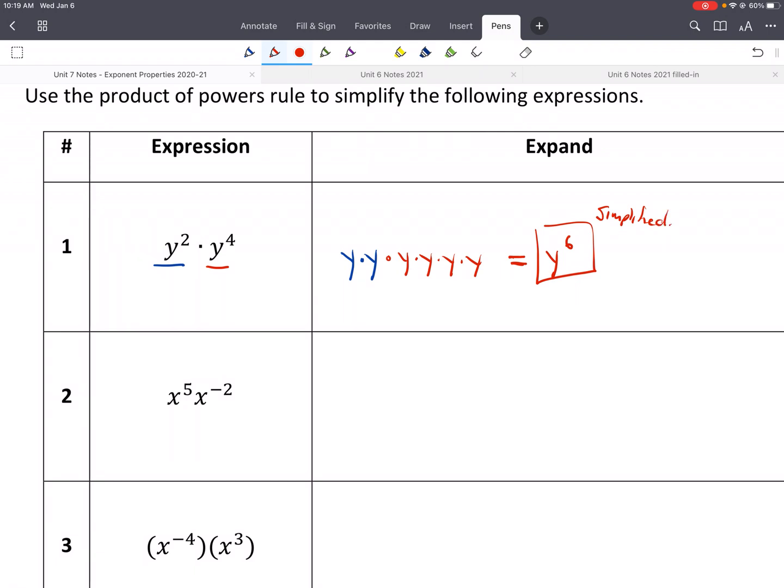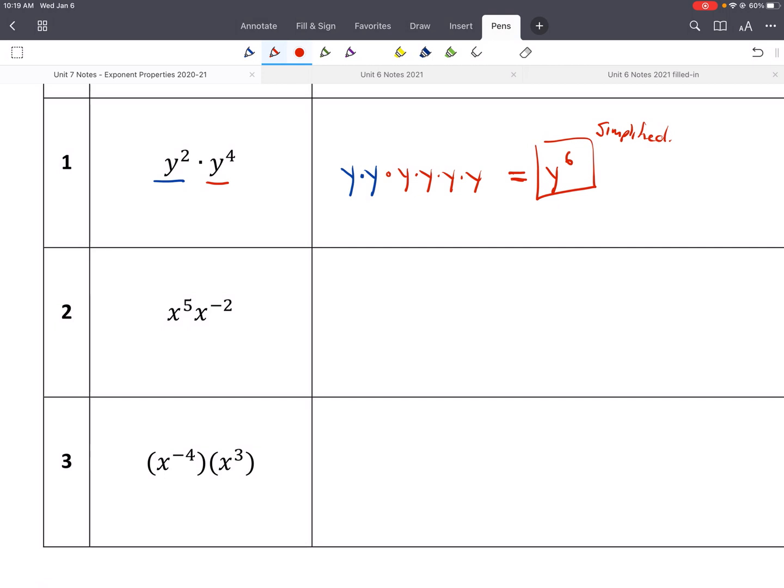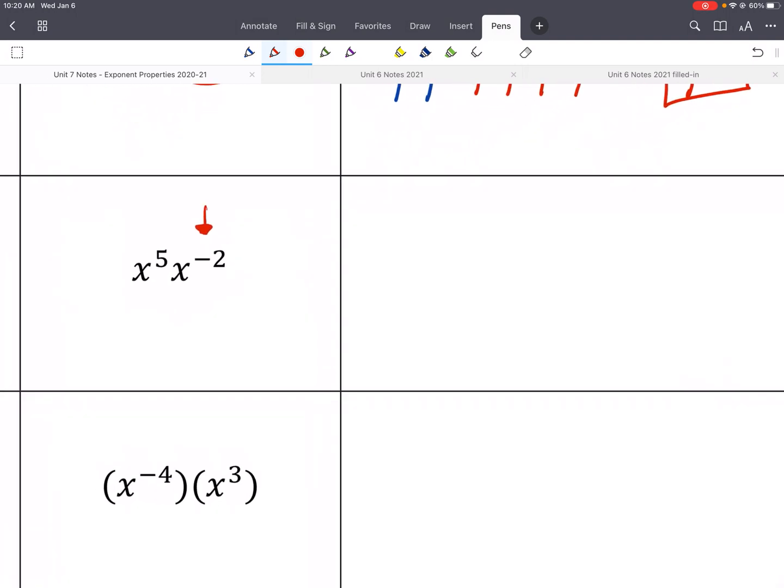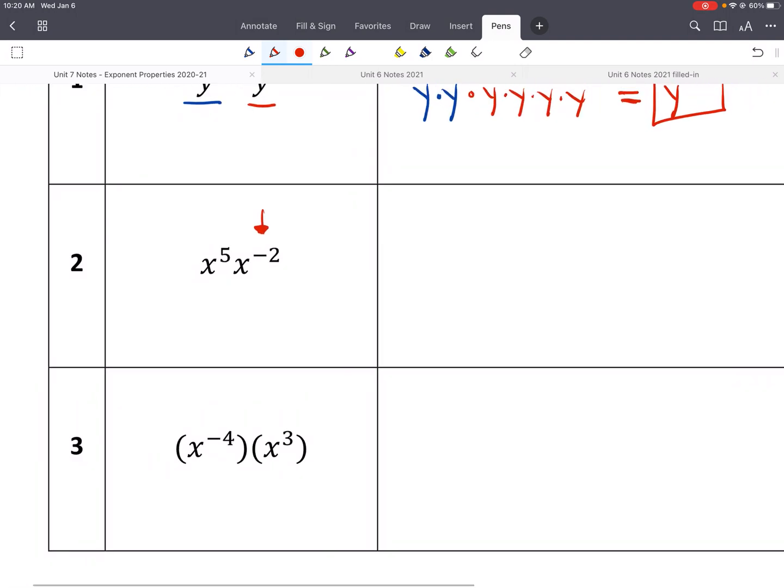All right. One thing you need to notice is that before we expand anything, we have to get rid of our negative exponents. In our last class, we learned about how we handle negative exponents. Remember, if we have negative exponents, we switch it to be positive and we bring it to the bottom. Okay?